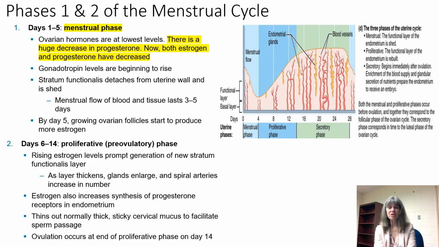Estrogen will also increase the synthesis of progesterone receptors in the endometrium. This also is a time where the normally thick, sticky cervical mucus becomes thinner, and that facilitates the passage of sperm. Ovulation occurs at the end of the proliferative phase on day 14.